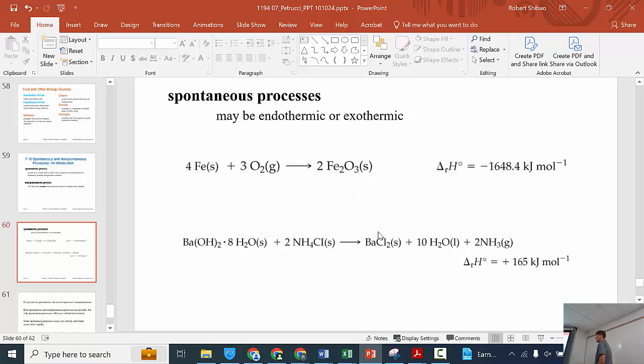The spontaneous processes could be downhill like this, like rusting iron. That's spontaneous. This is downhill, minus 2,000 kilojoules almost, or 1,600 kilojoules downhill. But you look at this uphill reaction here, and it is spontaneous. We're taking the solids here. These solids are water soluble. There is a little bit of water generated here, so I don't know why they didn't put this as aqueous.